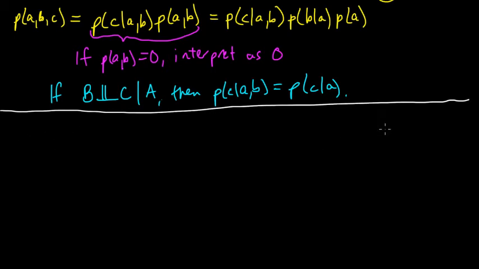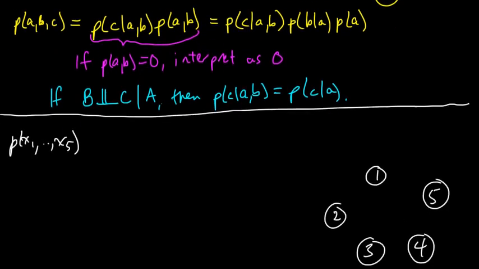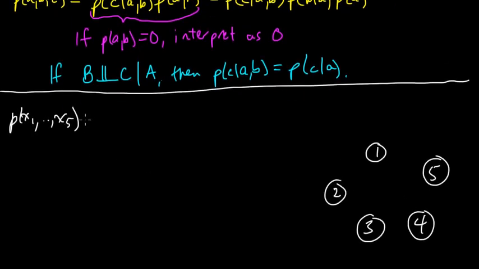Let's start drawing the graph while we write down the factorization. I'll just put 1, 2, 3, 4, and 5 for the vertices, to keep things simple.